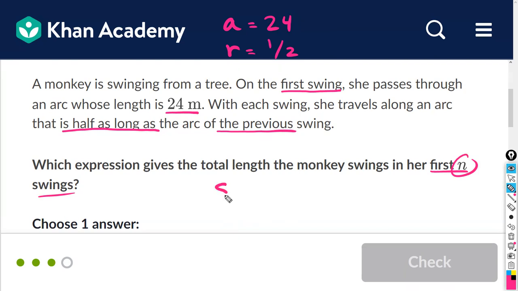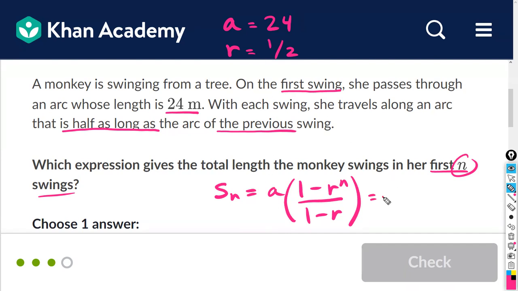So all you have to do is plug in for the formula. The sum of the series is going to be A times 1 minus r to the n divided by 1 minus r. Like I said, it doesn't matter which side A is on because it's just multiplication. But in their answers, they have it in the front. We said A was the first swing.